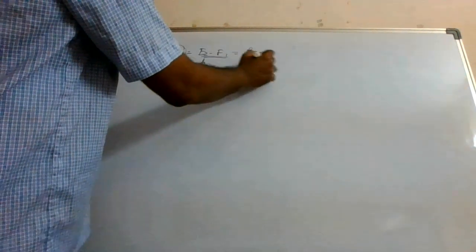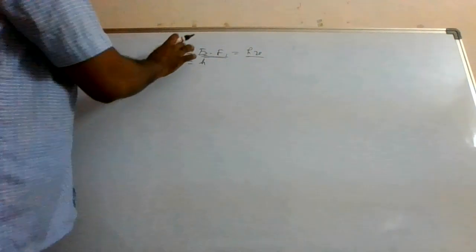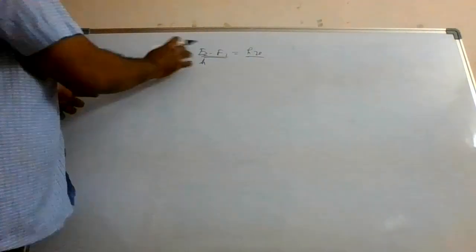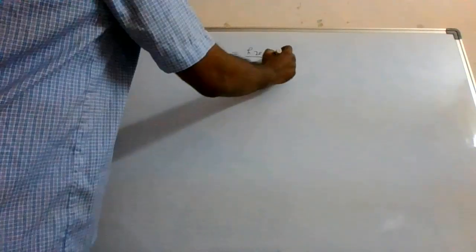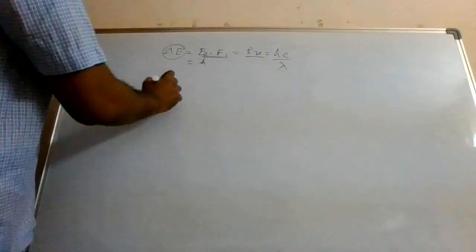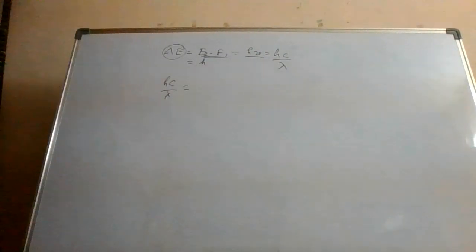This delta E can be expressed as h times nu, isn't it? Because this energy difference is released like a light, and it will have some specific frequency, or this is equal to hc by lambda. So we can write hc by lambda is equal to E2 minus E1.